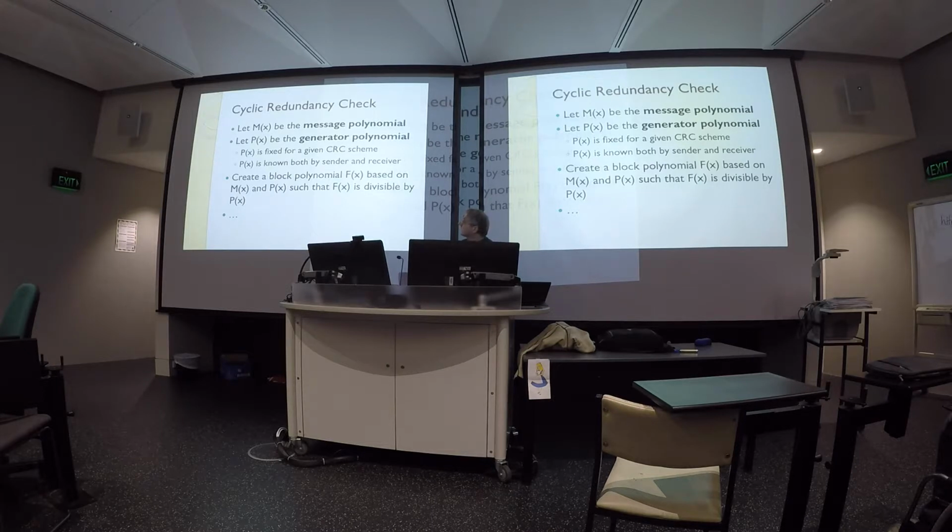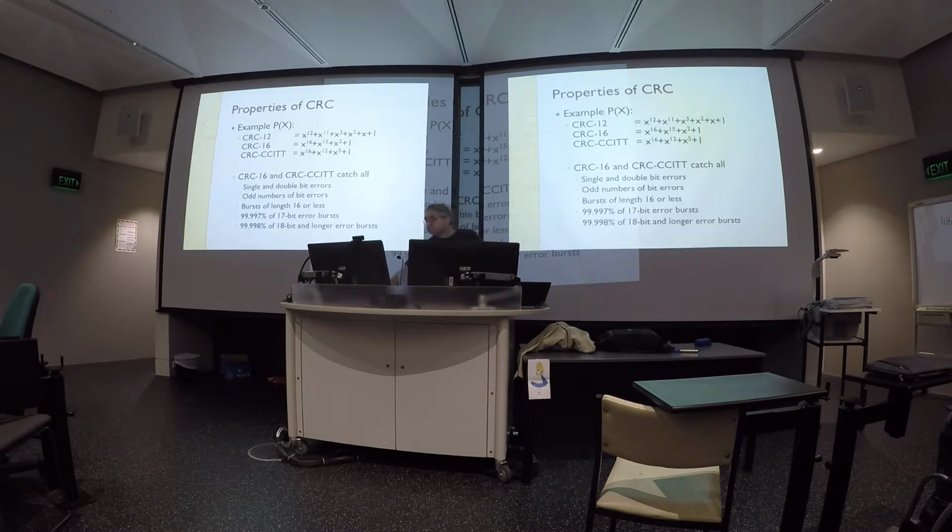So there's our polynomial division going on, and three dots because I could now have 20 more slides. I'm not going to. The point is, high-level view, you're using the coefficients of polynomials, and you're using polynomial division to do this. But it can all be done very simply in hardware with shift registers and XOR. And they chose the scheme so they could do that.